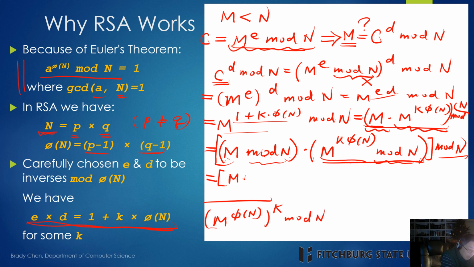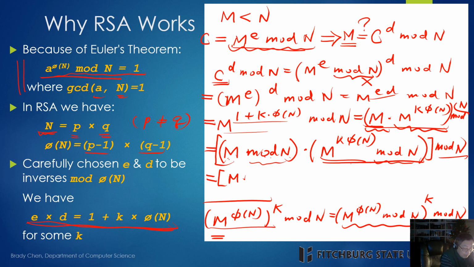This can be written by the modular operation: m to the phi of n mod n, to the k mod n. Now what is this? This looks familiar, right? M to the phi of n mod n. So looks like the Euler's theorem can apply to it. So this is going to give you 1.